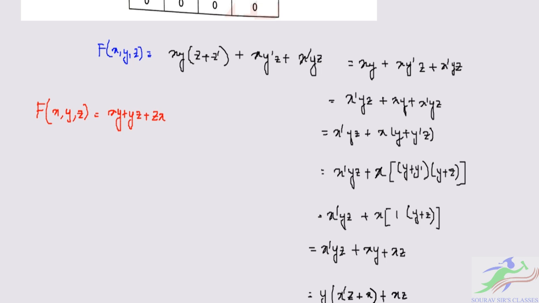Now we have to draw the gate network. From here you can see that xy, yz and zx are ANDed, and the total expression is in OR form. So we have 3 AND gates.